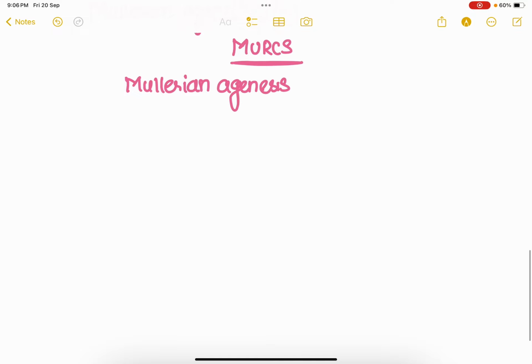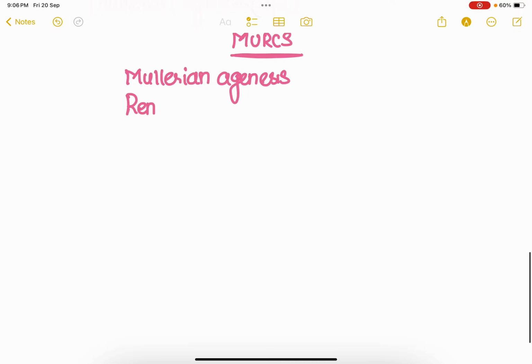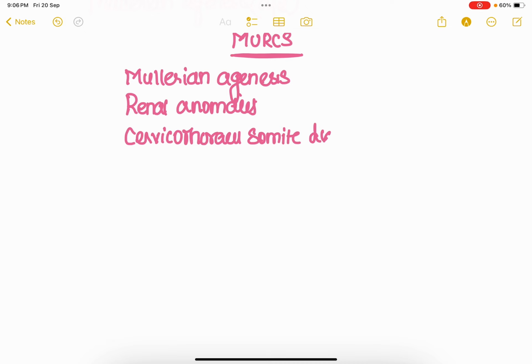So Mullerian agenesis followed by renal anomalies, followed by cervicothoracic somite dysplasia. So three conditions are going to be present in the Merck's association. What are these Merck's? Mullerian agenesis, renal anomalies, cervicothoracic somite dysplasia.